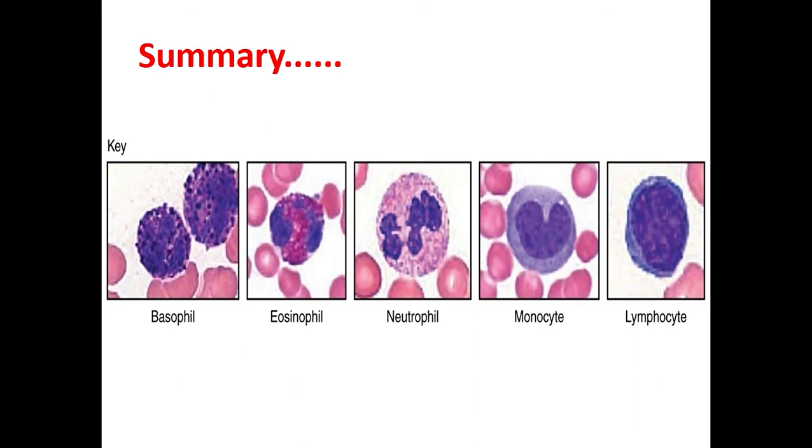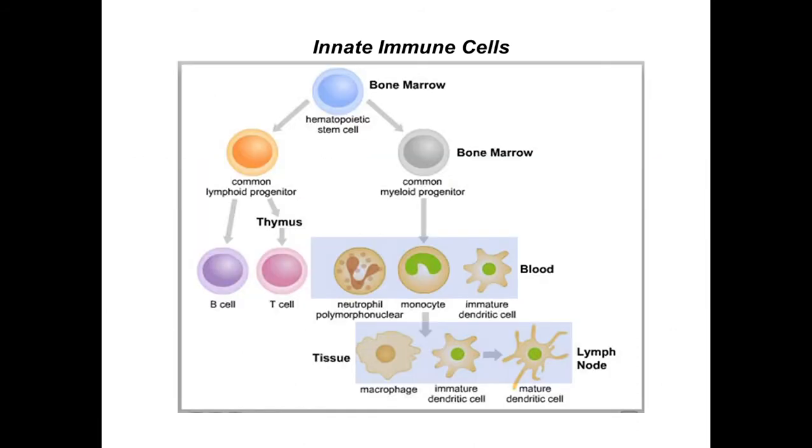You can see that in the cytoplasm of the cells are granules, while in the agranulocytic group, we have two cells, the monocytes and the lymphocytes, without the granules. This is again the summary of all the innate immune cells of the body, or these cells are found naturally within the body.